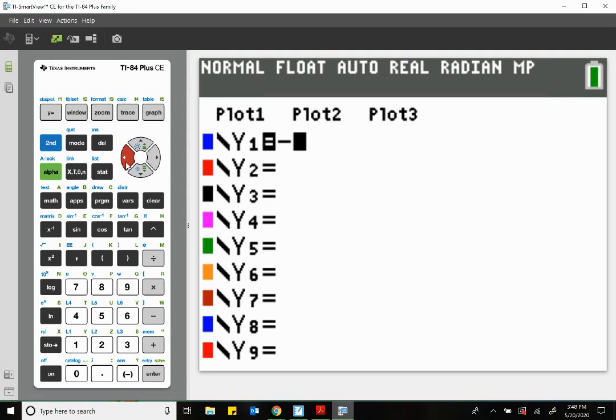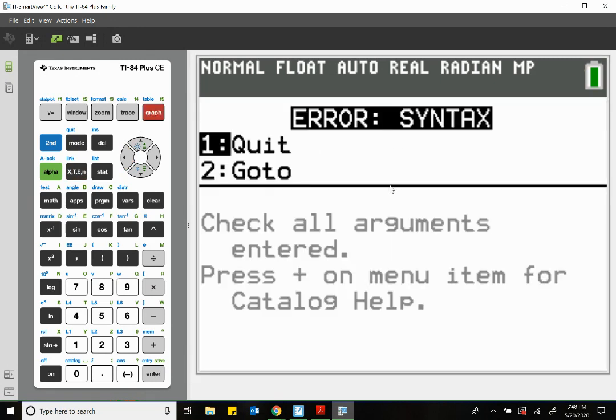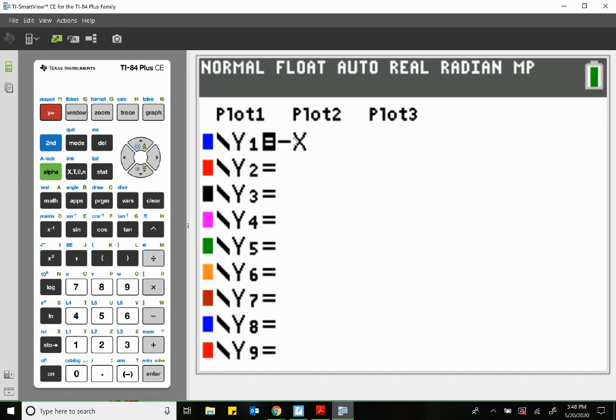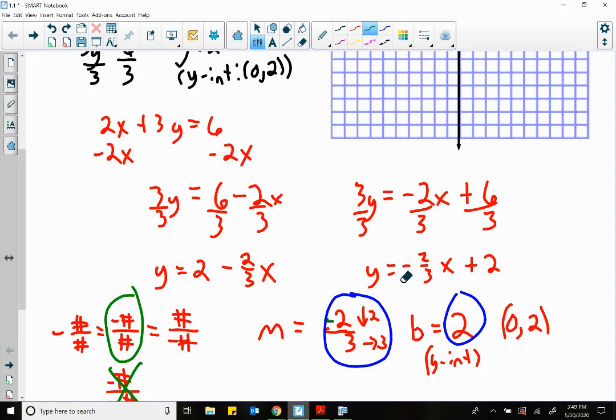And if you push minus and try to graph, the calculator says error, because it's like minus what? You didn't tell the calculator what to do. There's nothing in front, and if you get an error, you just hit enter and then go right back into y equals. You didn't tell the calculator what to subtract from, okay? So your calculator knows the difference between a minus and a negative. So that first number is a negative, not a minus.